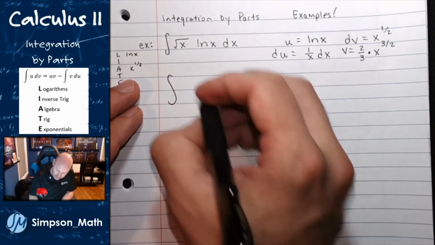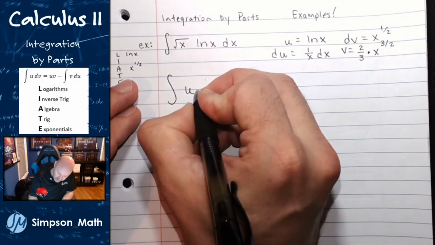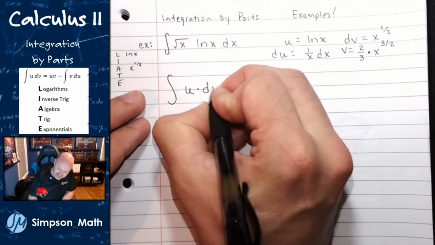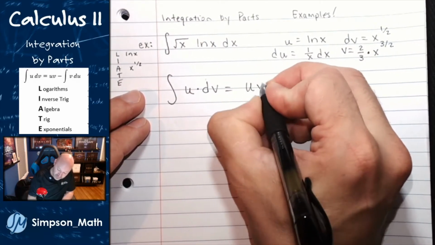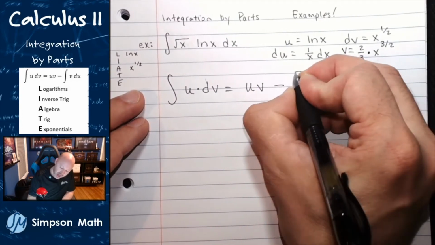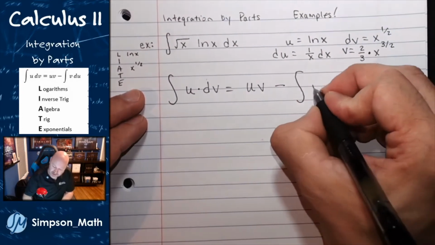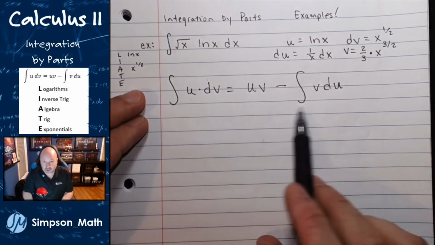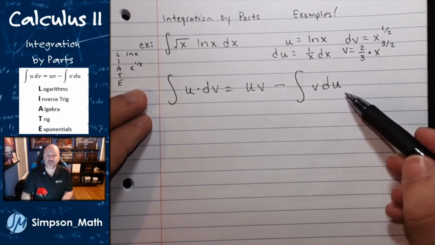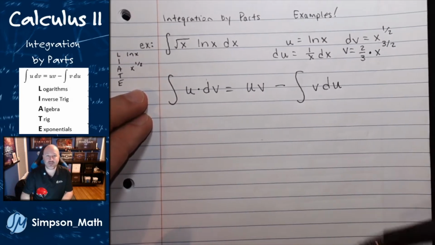The integral of u times dv is equal to the product of uv minus another integral of v du. That is the parts formula. I'm going to be using this formula in every example in this video.